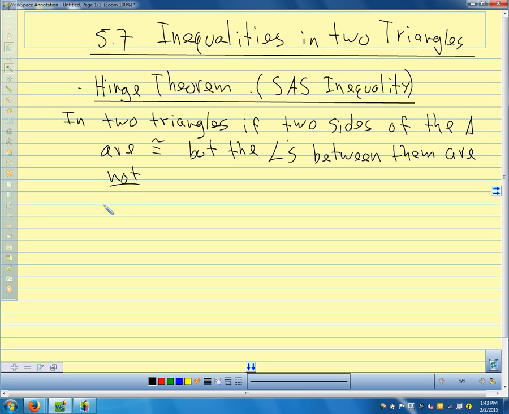So we have two triangles. We have two pairs of sides that are congruent, but the angles between those sides, that's why we call it the side angle side. The angles between those sides are not congruent. The largest side is across from the largest angle.